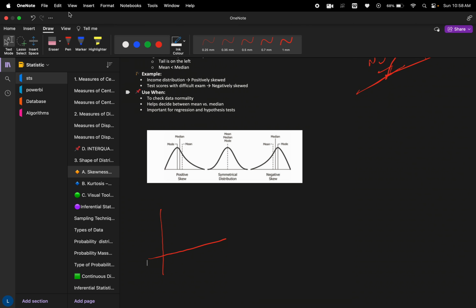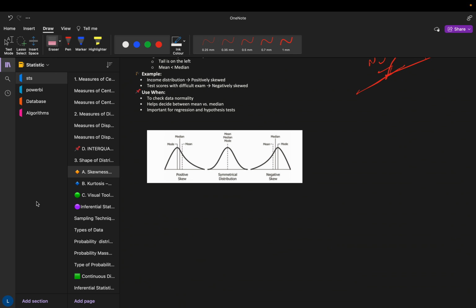When you plot your graph and your distribution looks something like this, you can see that the tail is pointed on the right side, so you can say it is right skewed data. But when the tail is on the left side, meaning you have plotted your data and it goes like this on the left side, you can say that it is left skewed data.